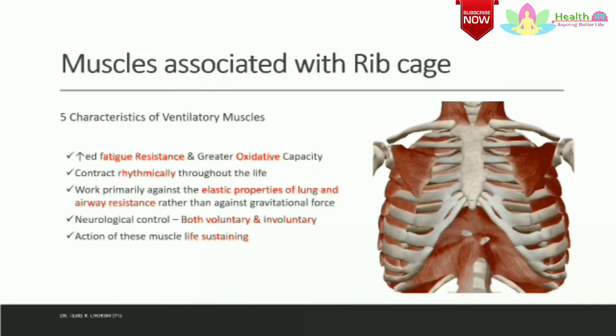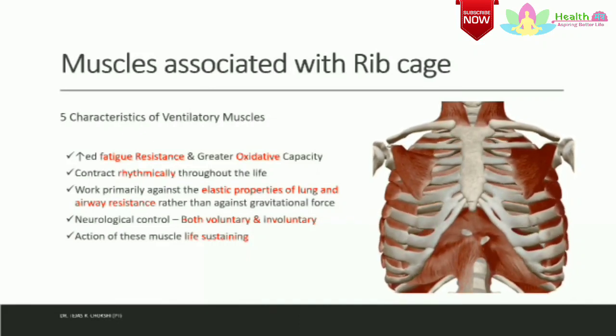Second, they contract rhythmically throughout life. Third, they work primarily against the elastic properties of the lung and airway resistance rather than against gravitational force. So this is very important. Whenever you take an MMT, you are supposed to measure PI max and PE max to assess the strength of the ventilatory muscles. You are not supposed to apply manual resistance for the ventilatory muscles, specifically the diaphragm.